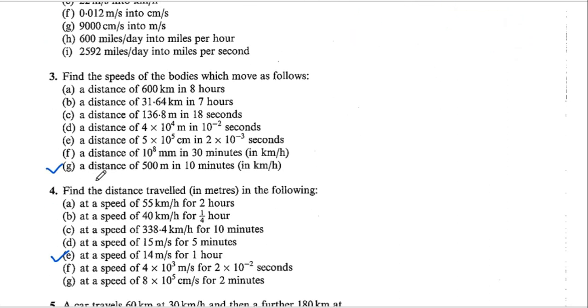Now in number 3G, we have a distance of 500 meter in 10 minutes, and you need to find the speed in kilometer per hour. So we need to convert this 500 meter into kilometer. Simply divide this by 1000.